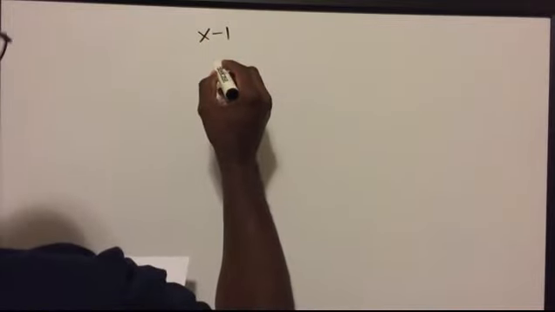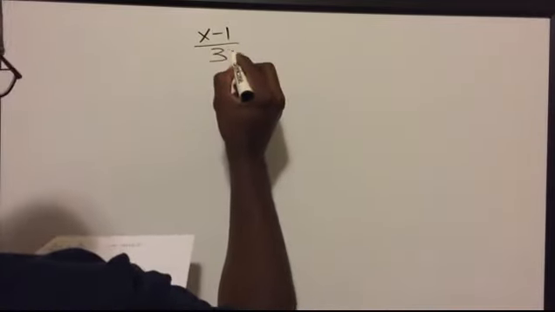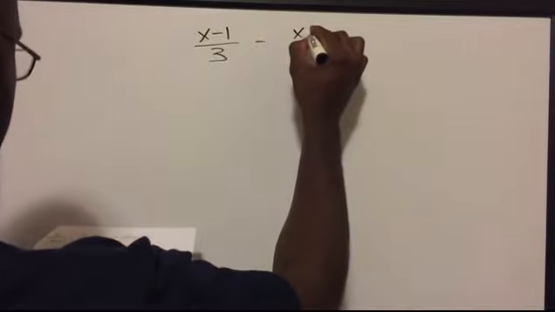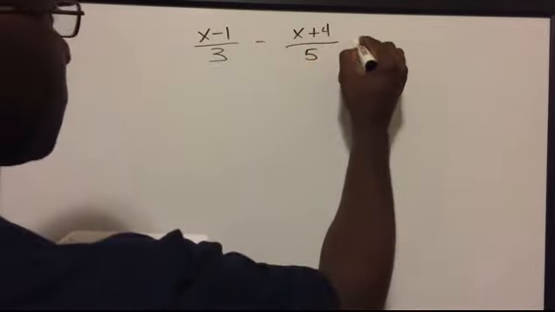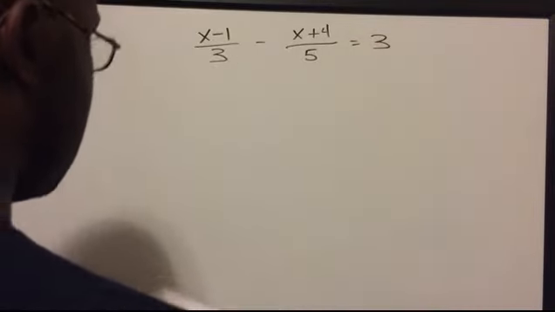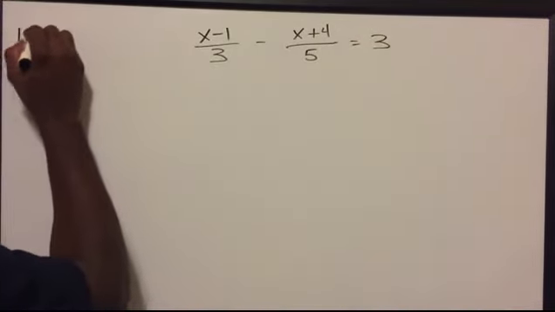Okay, let's do another one. This one is x minus 1 over 3 minus x plus 4 over 5 is equal to 3. For this one, the LCD is 15.